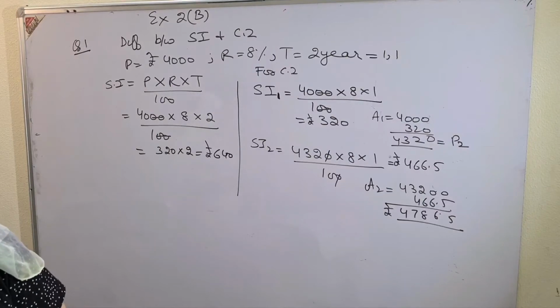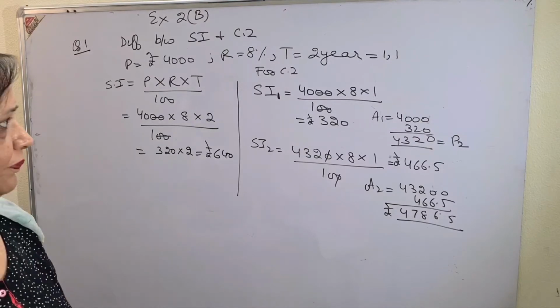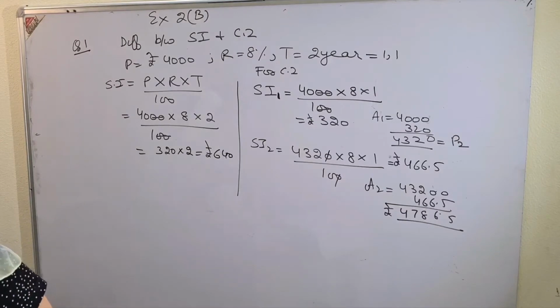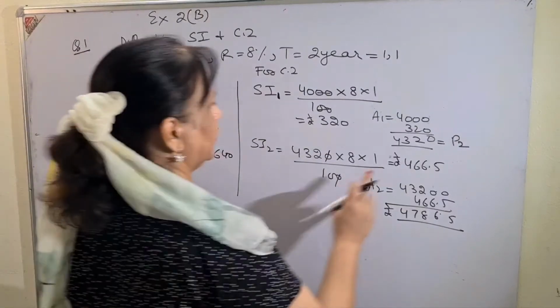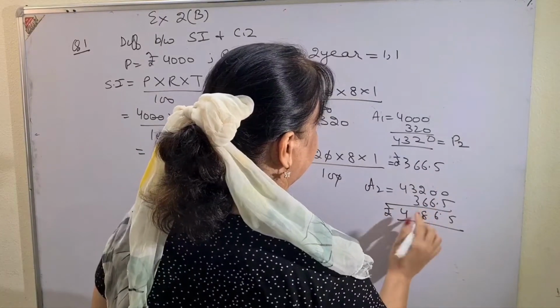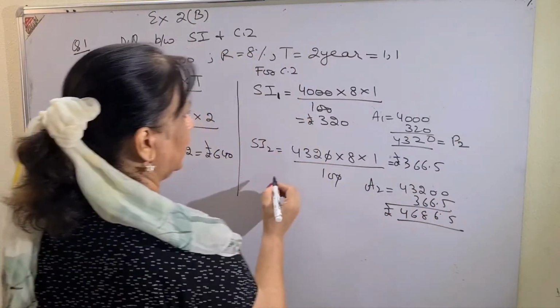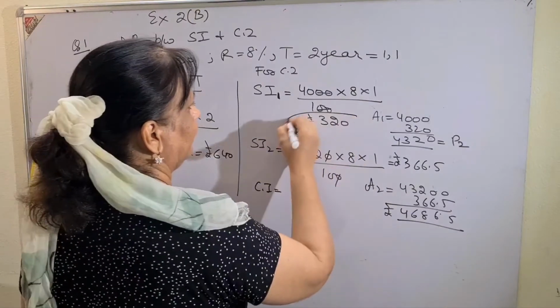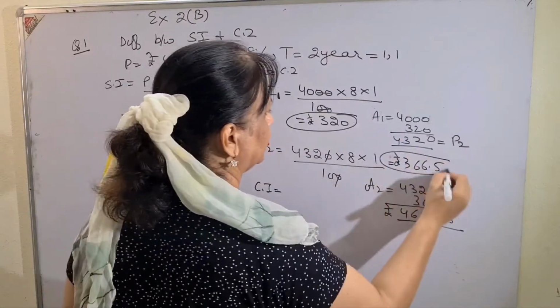Now they have asked me the difference between CI and SI. So children, remember now what to do. Difference between SI and CI. Again, CI is equal to SI1 plus SI2.